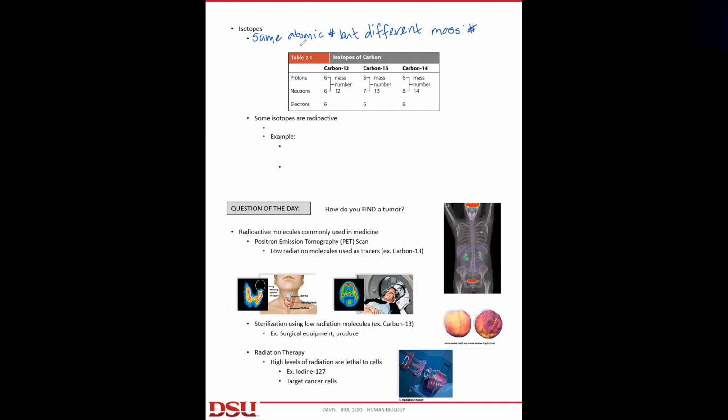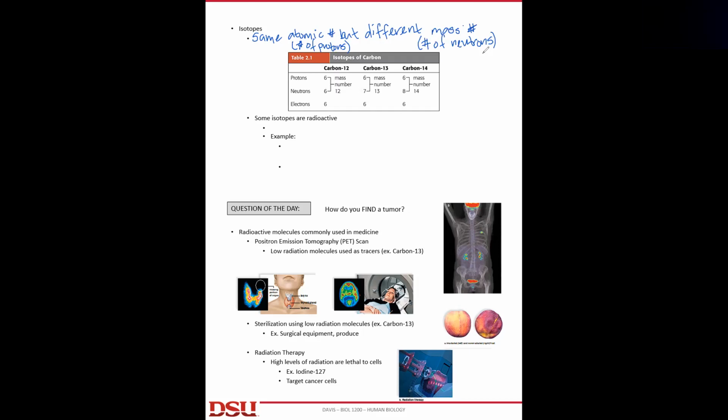In other words, it has the same number of protons, but a different number of neutrons. Because if you recall, mass number is the total number of protons plus neutrons in the nucleus.